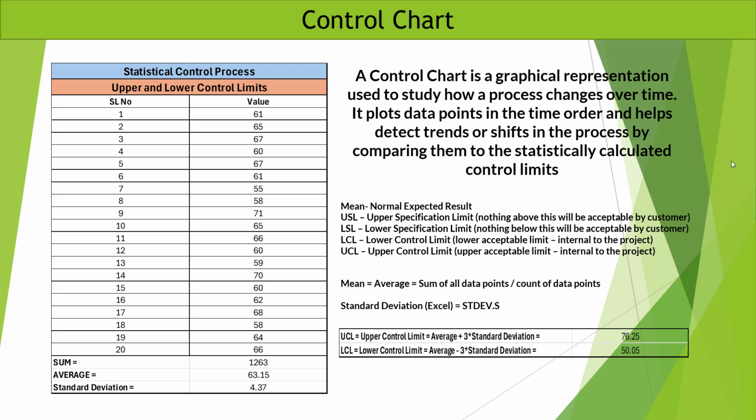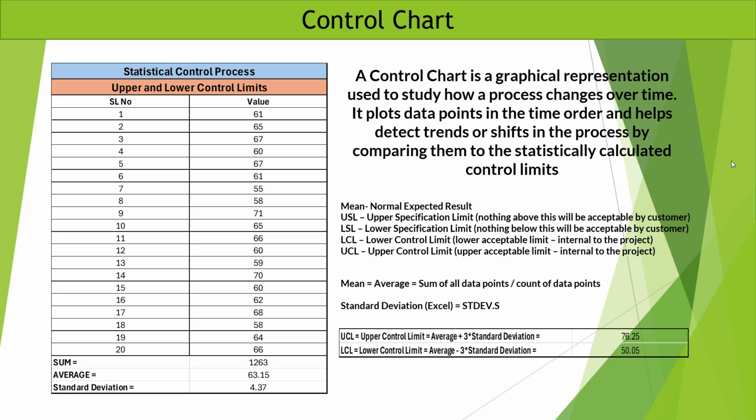When you take the average of it, the average is also called the mean, and it is the sum of all data points divided by the count of data points. The sum of all data points here is 1263 and the count of data points here is 20. So 1263 divided by 20 gives you 63.15, which is your average or mean.